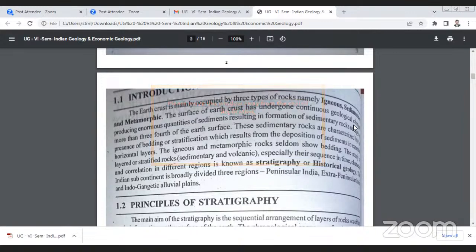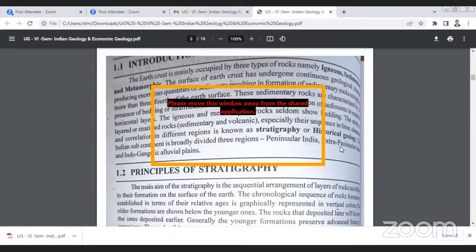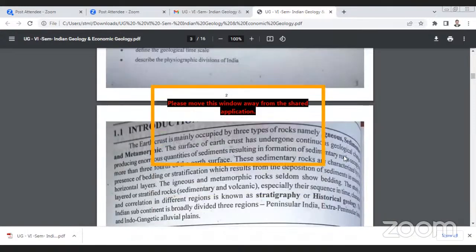So especially the sequence which is happening at a particular time is related to the specific characteristics of the layer. So that we know is stratigraphy, or historical geology. It shows the history of the geology.